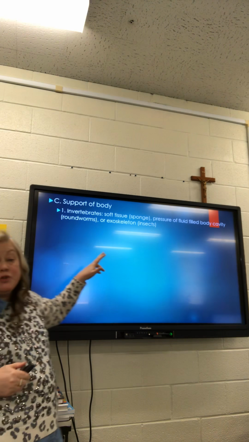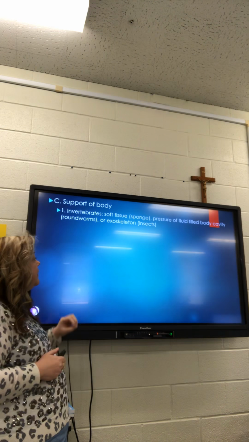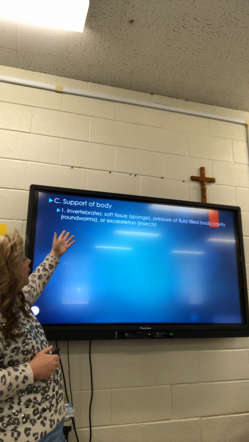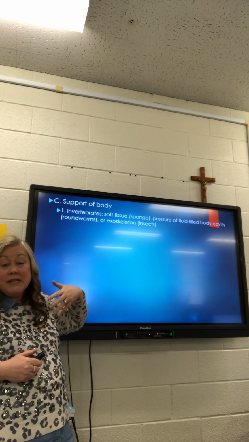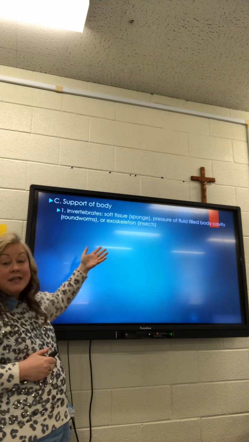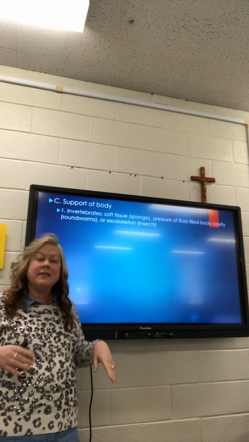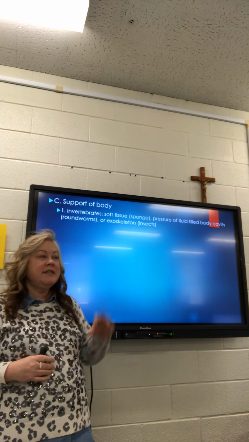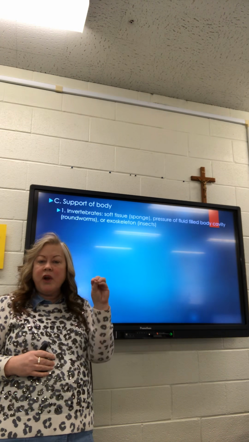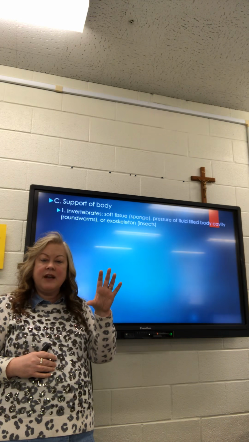Invertebrates, like a sponge, will be using soft tissue for body support and structure. Invertebrates such as roundworms use their fluid-filled body cavity. I call it the pseudocoelom. And insects use their exoskeleton. What's an exoskeleton? Well, that's a skeleton on the outside of the body. If you've ever stepped on an insect and heard a crunch, the crunch was caused by the hard exoskeleton on the outside of the animal.